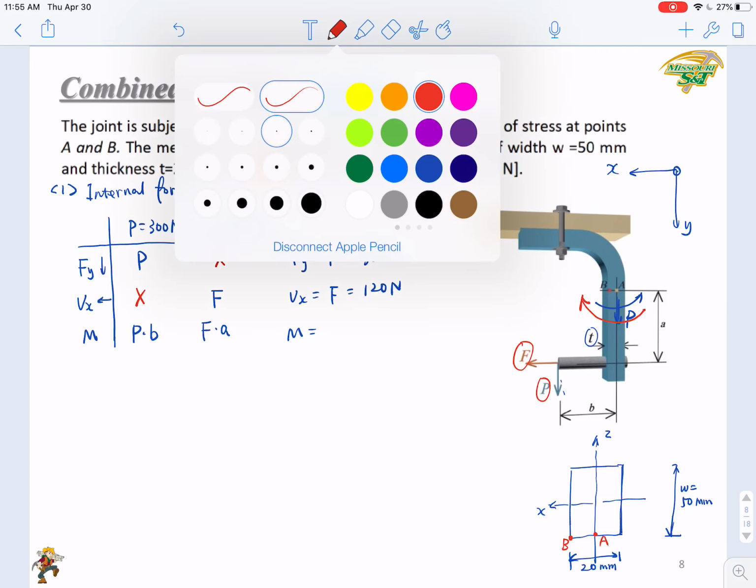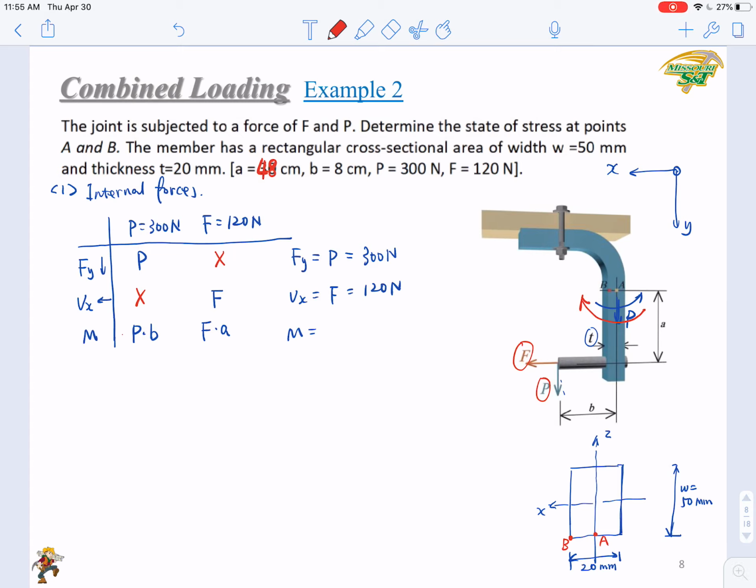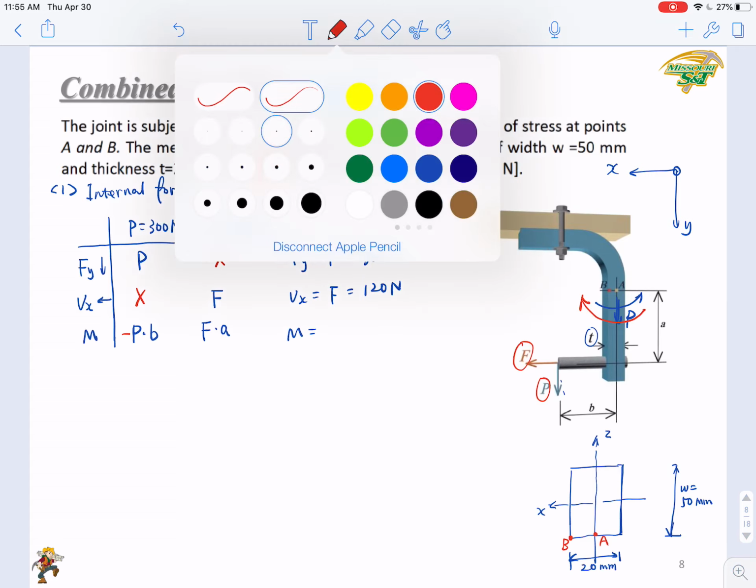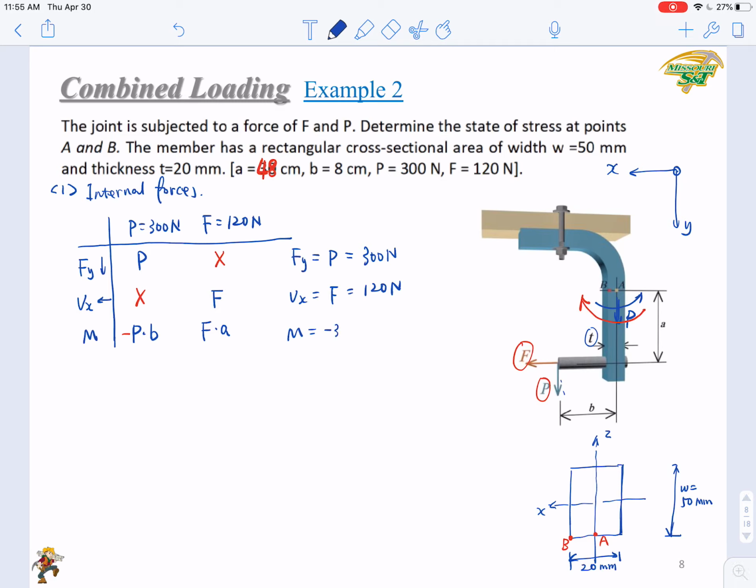So we need to add a negative sign to the first one, so that the resultant bending moment will be negative 300 times B, 80. This is 8 centimeter, it will be 80 millimeter, right? Plus 120 times 480. The results will be 33,600.